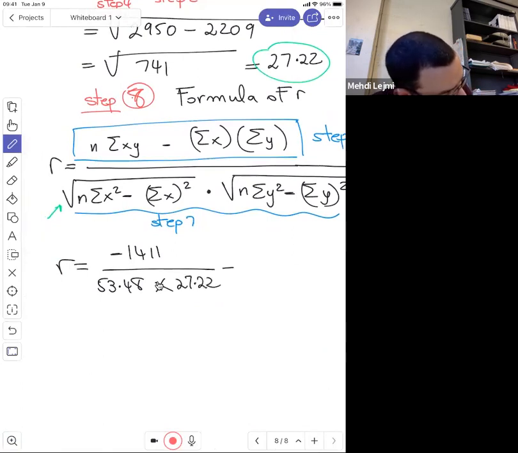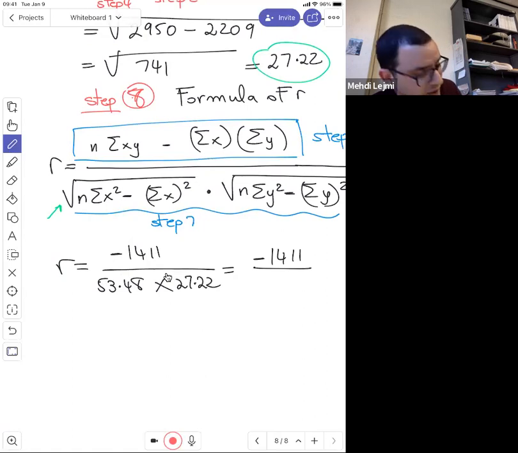So this is negative 1411 over, you multiply this 27.22 by the 53.48. If you multiply the bottom, that's actually 1455.79, I think.